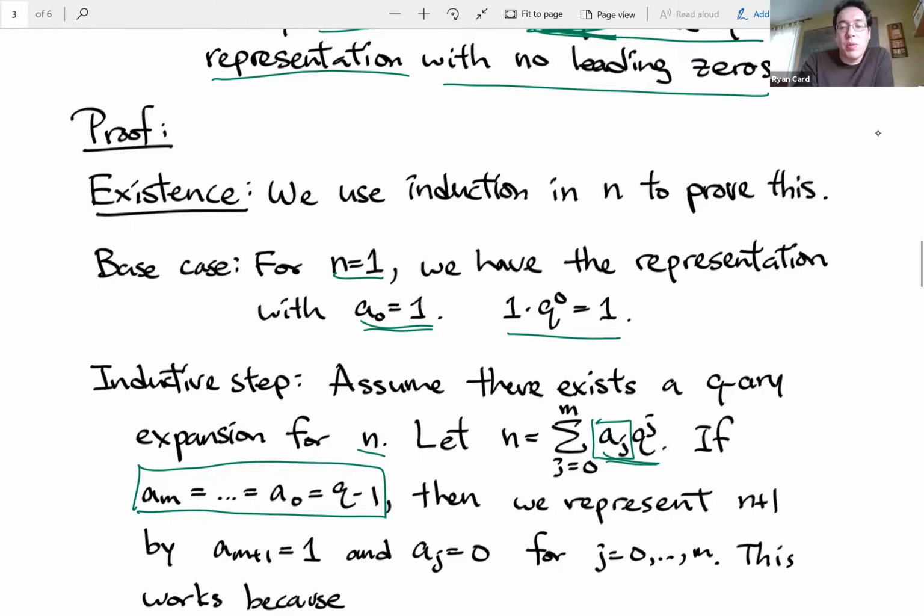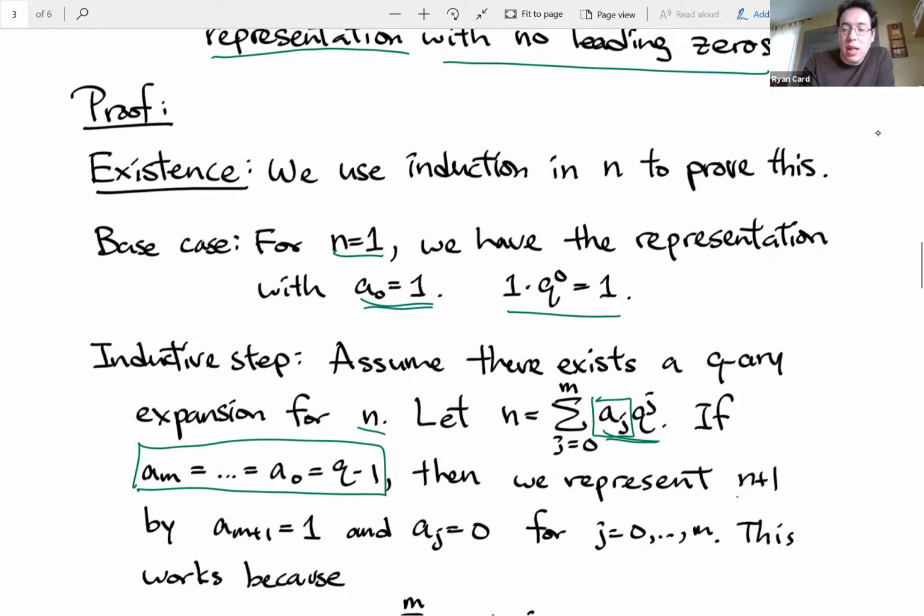Then when we represent that plus 1, we're going to add a new coefficient. On the next coefficient, we're going to use the digit coefficient 1, and every other digit below it is going to be 0. So we're carrying 1 over to the next step.